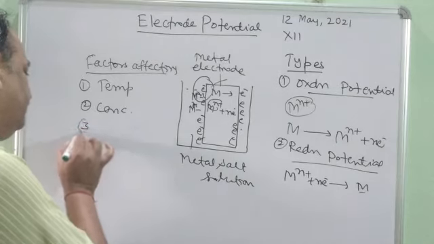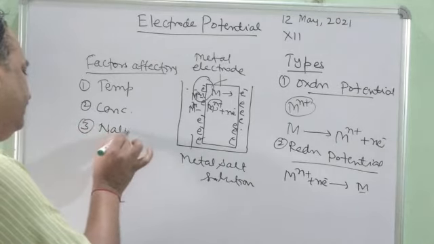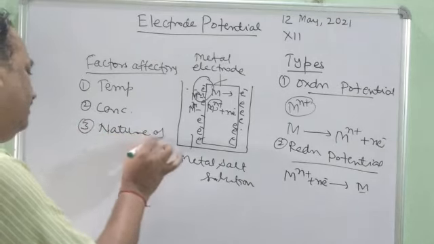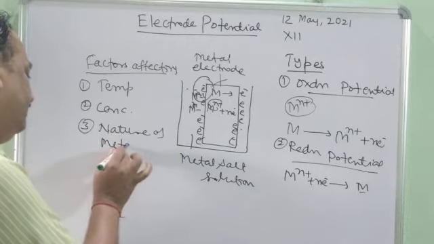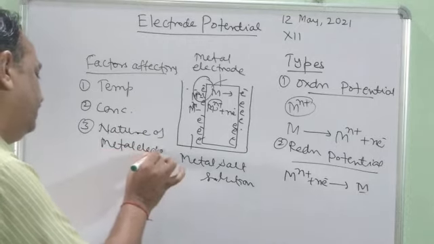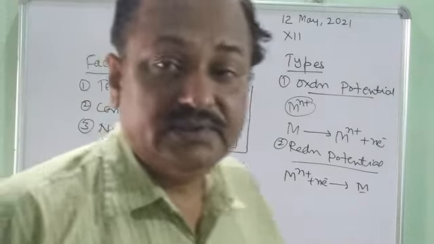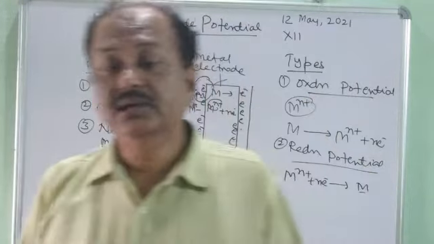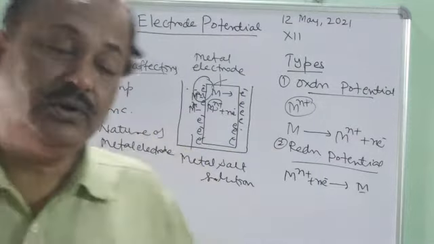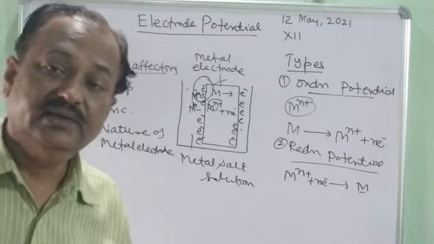And the third point, of course, is the nature of the metal electrode. This is the third condition. All the metals are not equally electropositive, or equally reactive.